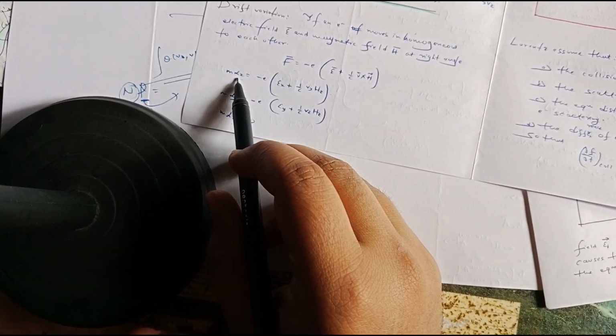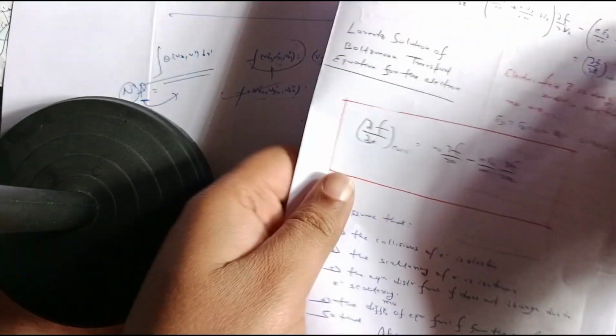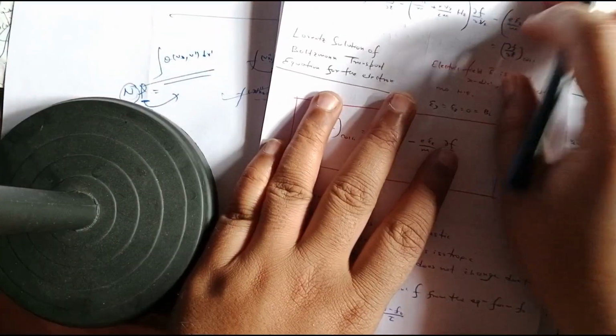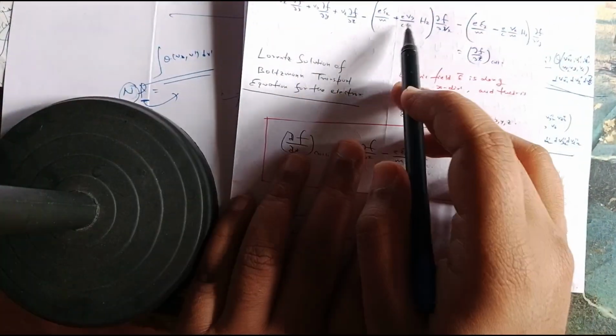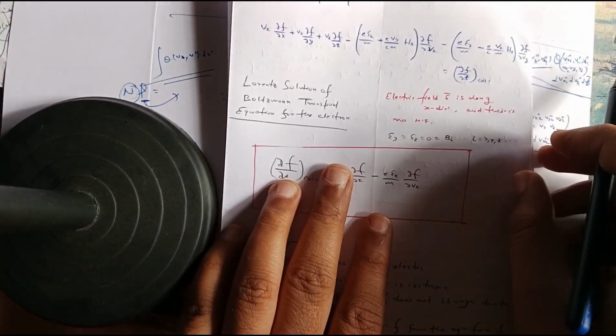So these alpha x, alpha y, alpha z can be put here, and we are doing that.